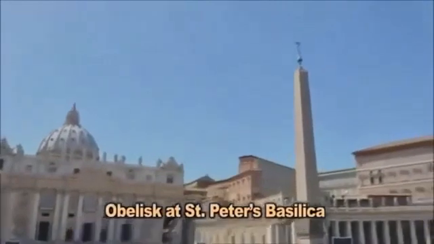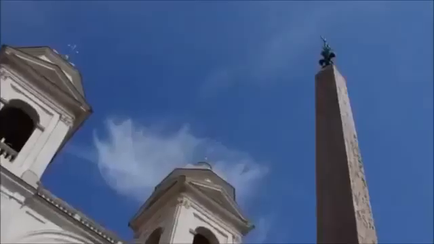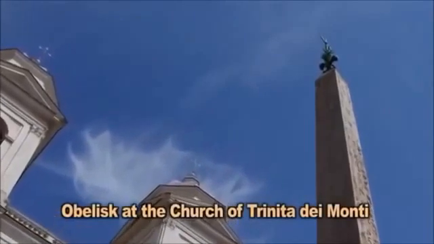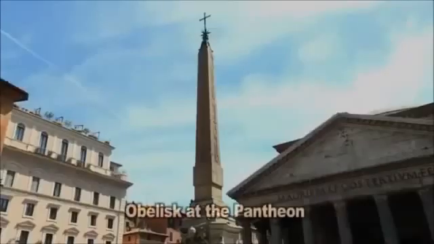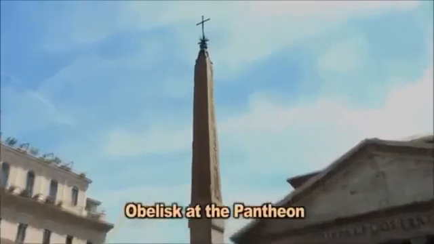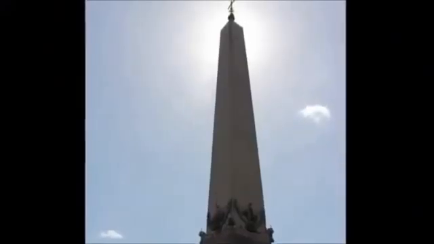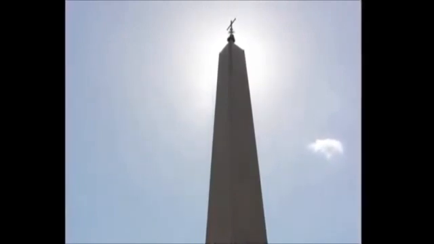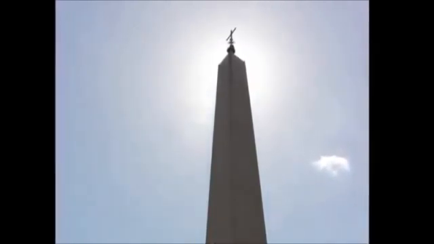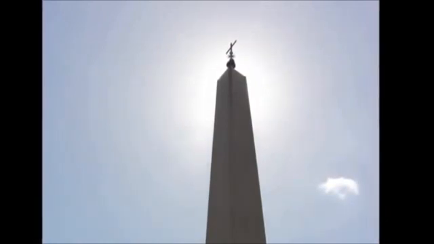The Catholic Church set up obelisks in front of their churches and put the cross on top of them without exception. They put one more symbol of the sun on top of the solar pole, the obelisk. However, they made an excuse that they put the cross on top of the obelisk to show that they conquered the obelisk, which is the symbol of paganism.